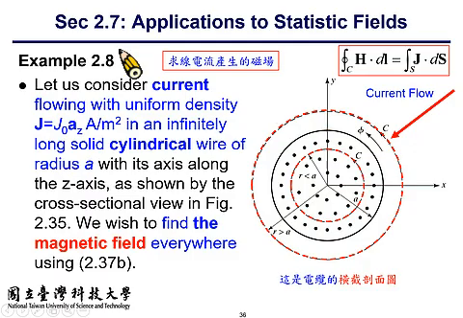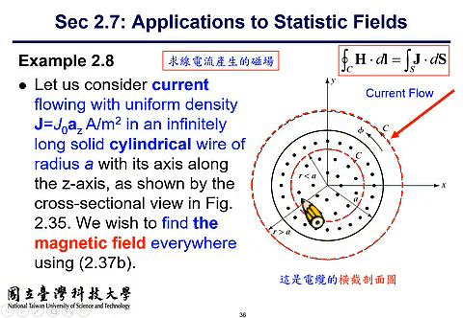Next is example 2.8. It's literally the same figure as you see in example 2.7, but it's a completely different problem, all right? So this is a cross-section view of a conducting wire, which carries a uniform current density J, which equals J sub 0 a_z, which means the current is flowing in the positive Z direction.